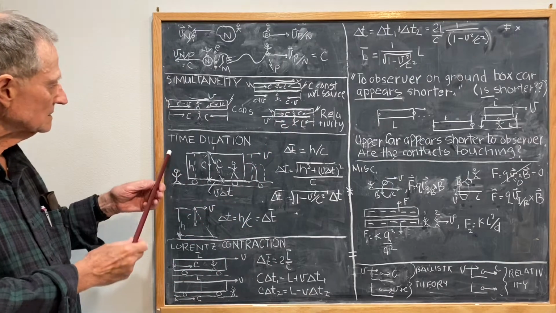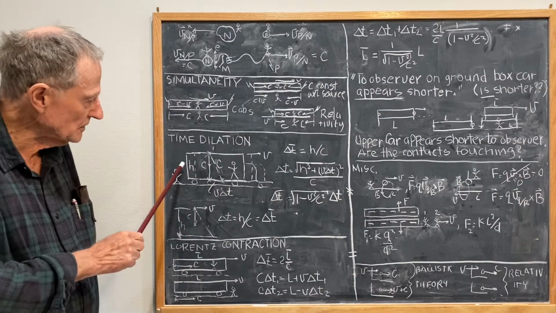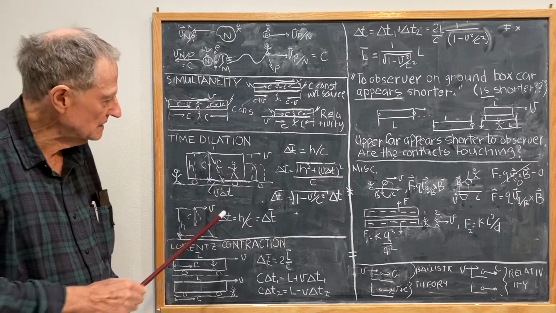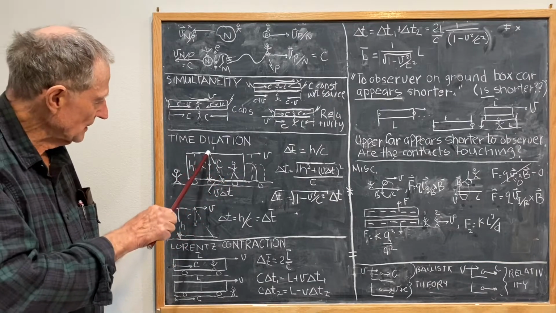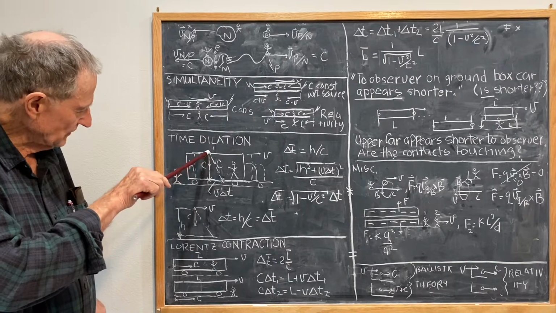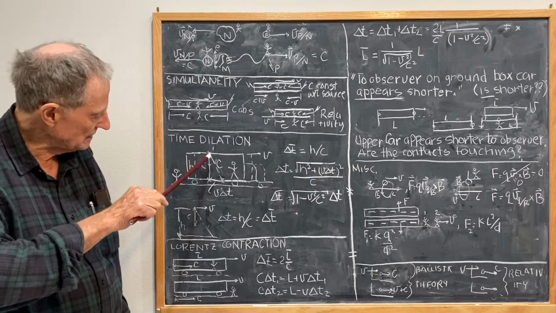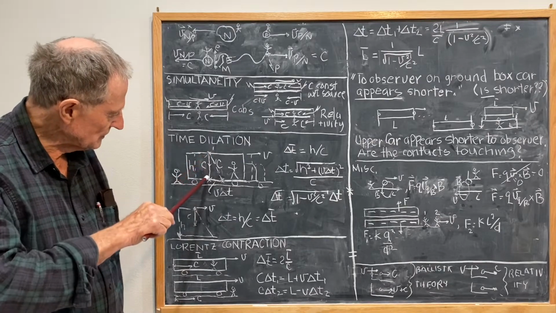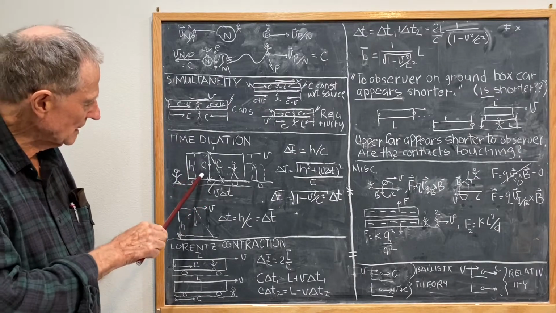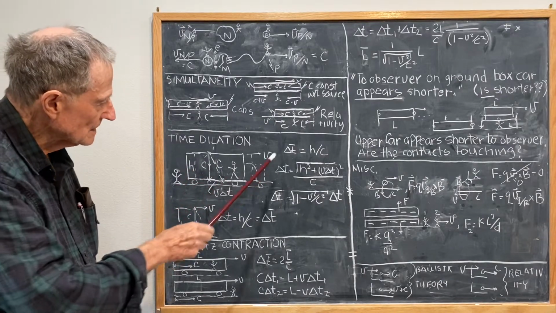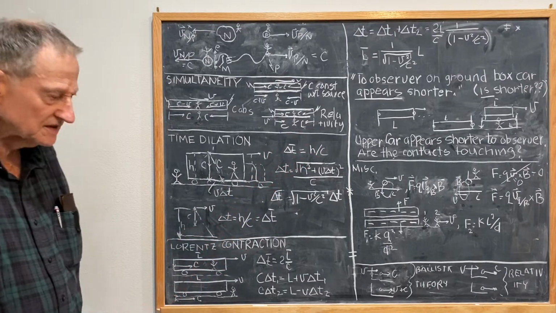Right, now I'm going to consider time dilation. Imagine a truck moving with velocity v, and there's an observer inside the truck, and a light is flashed on the ceiling. As far as the observer is concerned, the photon travels straight down at a speed c, and so the time he measures is delta t bar equal to h over c.